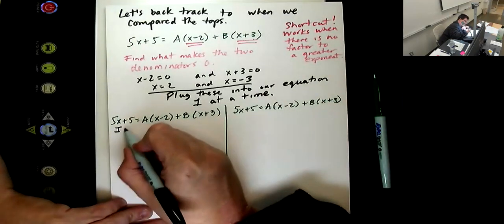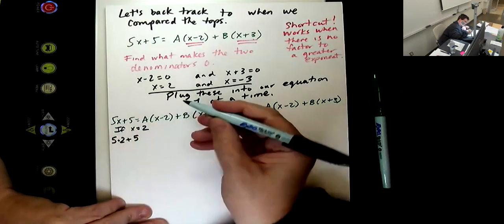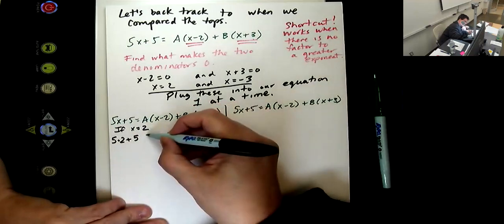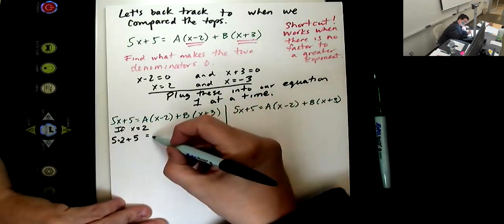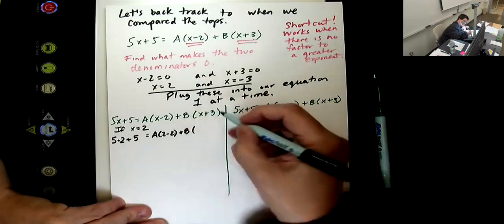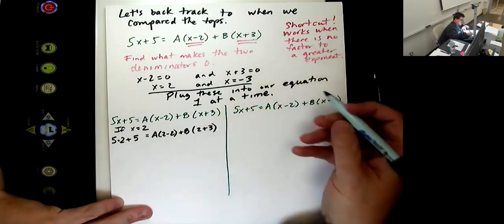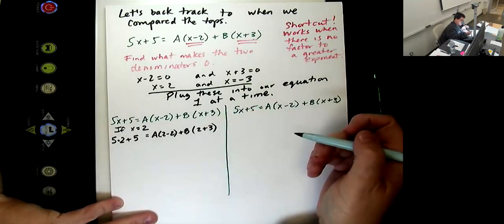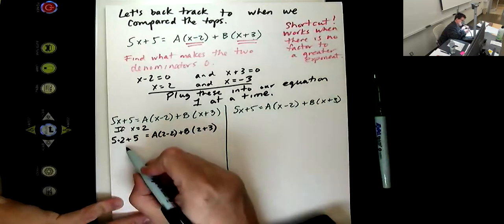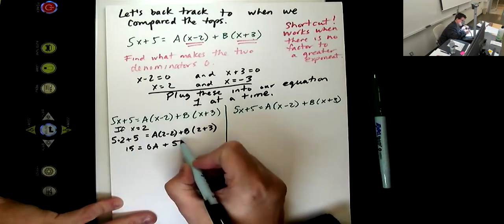If x equals 2, this is 5 times 2 plus 5 equals a times 2 minus 2 plus b times 2 plus 3. 15 equals 0a plus 5b.